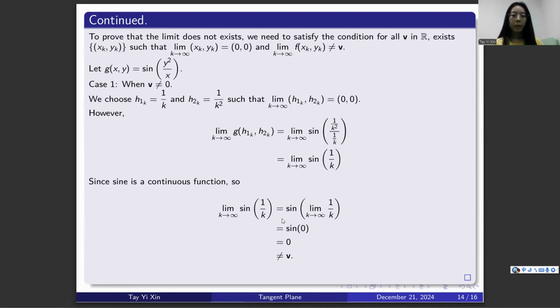But for the limit of g(h1k, h2k) as k approaches infinity, we get the limit of sine of 1 over k squared over 1 over k, and then the limit of sine of 1 over k as k approaches infinity. Since sine is a continuous function, we can move the limit into the sine function, and we then get sine 0, which equals 0, and this does not equal the vector v.